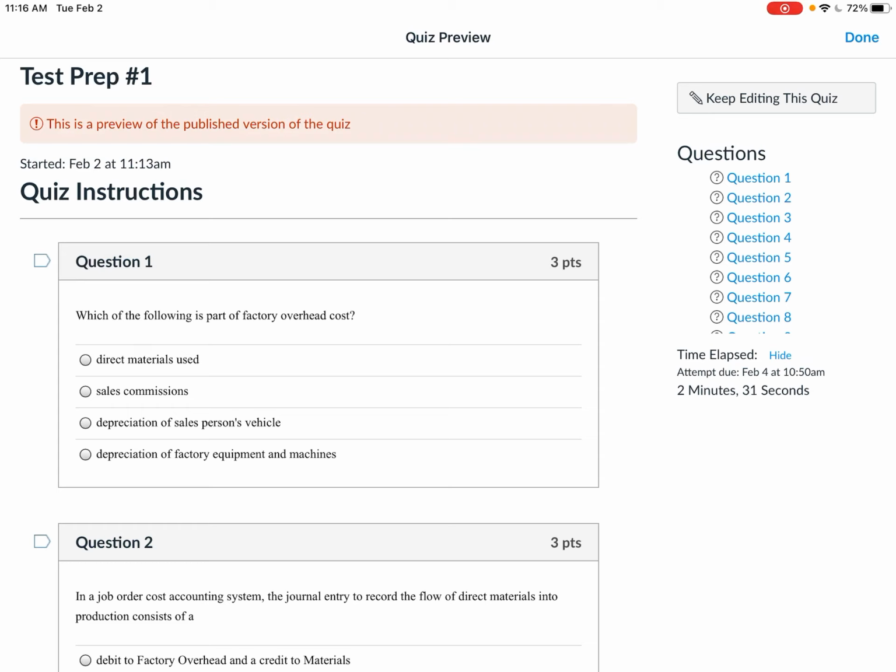Conversion cost. So think of it as the two that's not overhead. It's direct labor and overhead. So think of it as what costs are associated with converting these materials into an end product.